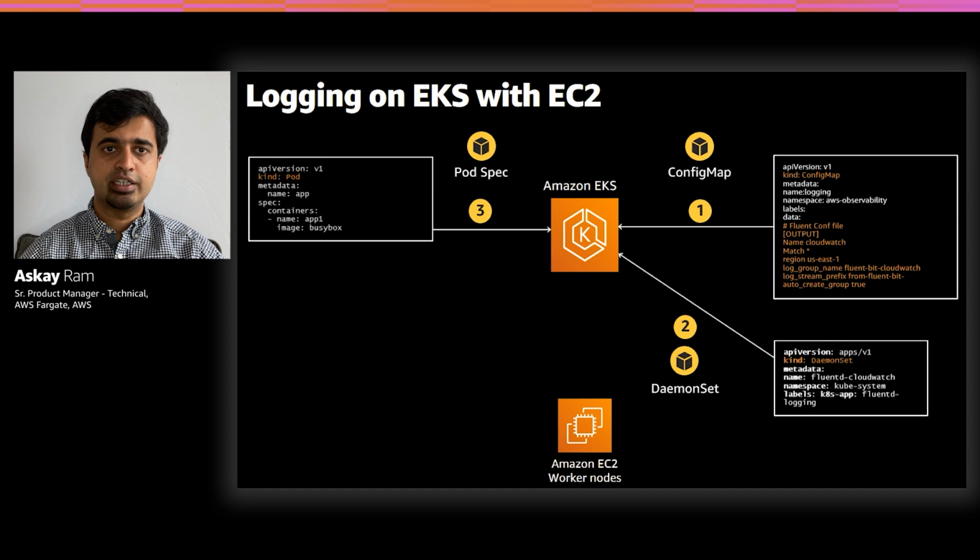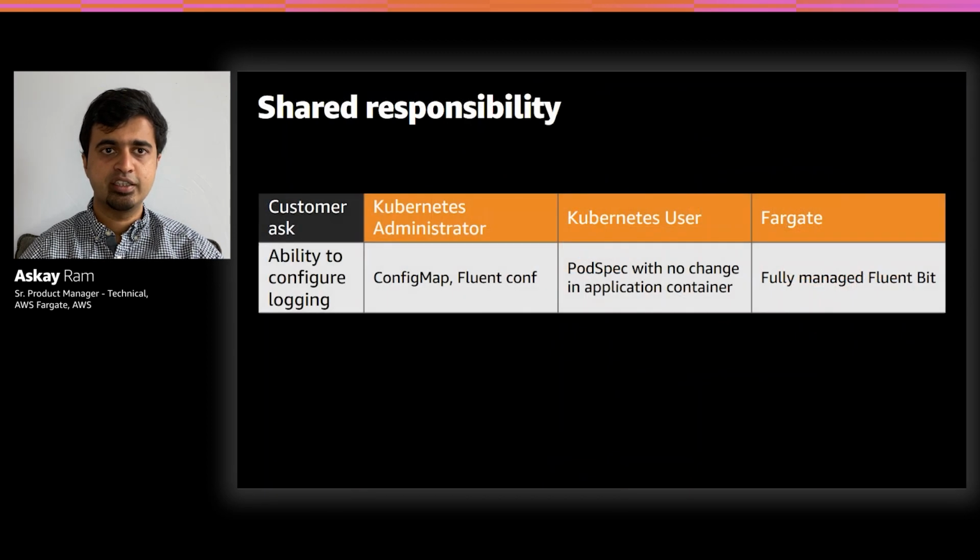The Kubernetes administrator, in this case, cares about the config map and the fluent conf. These are languages or objects that they are fluent with. Then there's the Kubernetes user who cares about the pod spec. At this point, they just want logging to work. It's something that they think of as a fundamental primitive. They don't want to change their application code to write files to a separate location, to a disk. They just want logging to work.